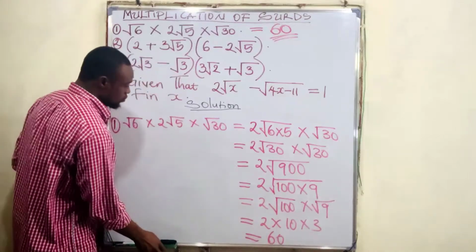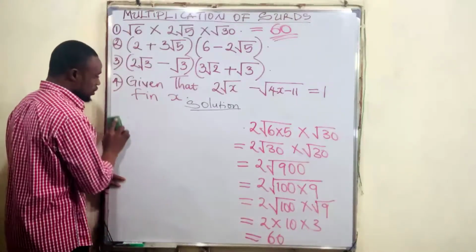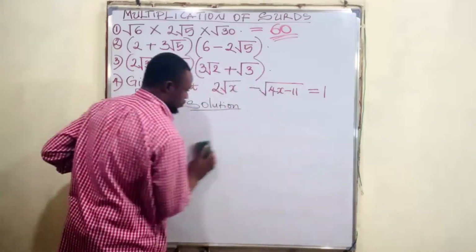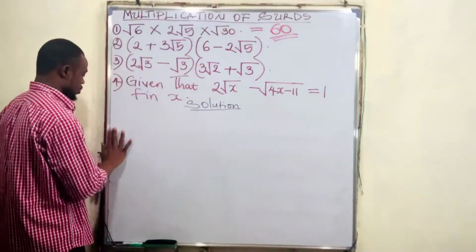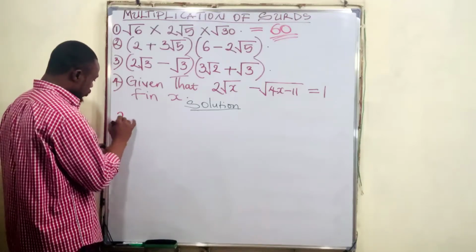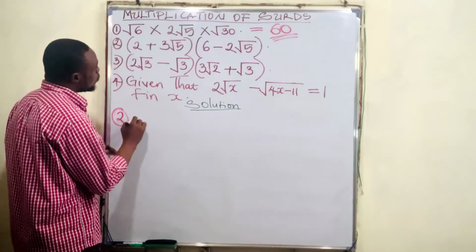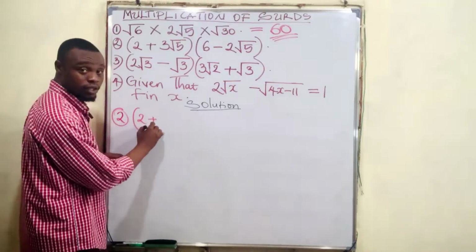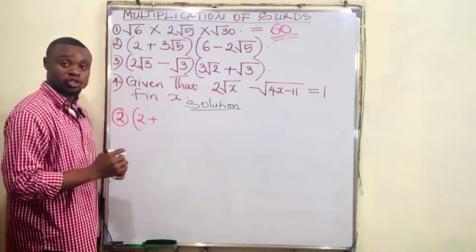Okay, so let's go straight to solving the second question. Now question number 2. Question number 2 is multiplication of surds with brackets.